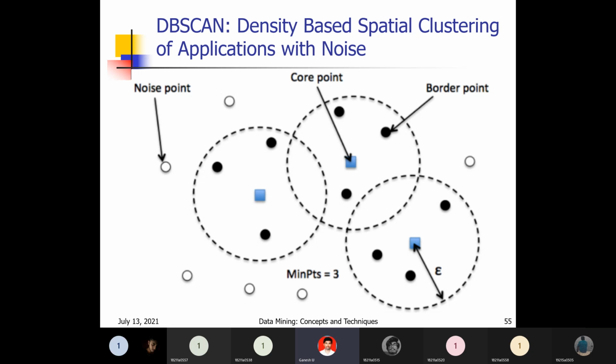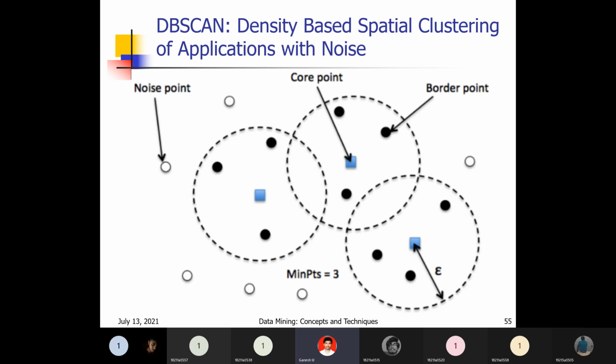The core point is the blue square. When is an object said to be a core point? You just have to consider the point and take epsilon as the radius from the object which you have initially taken.